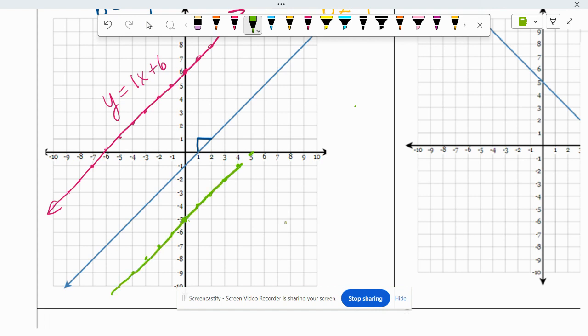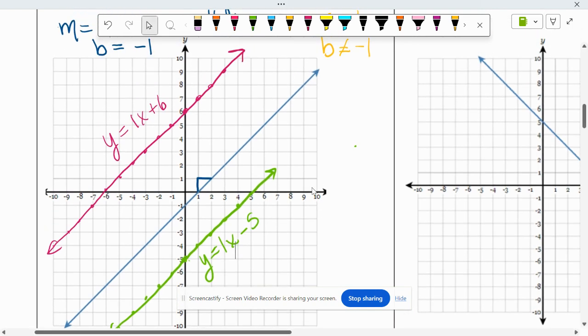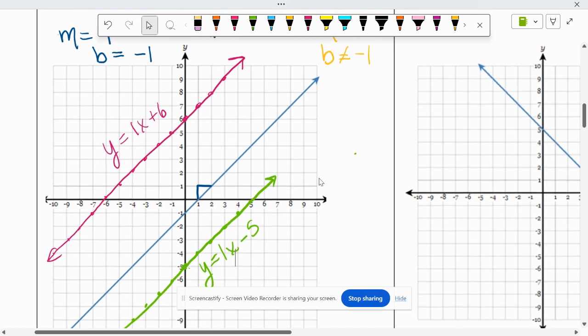So this line right here is also parallel. This is the equation y equals 1x minus 5. So when you do that question in Delta Math, there are multiple answers, right? You just need to make sure that you find the right slope. Does that make sense?